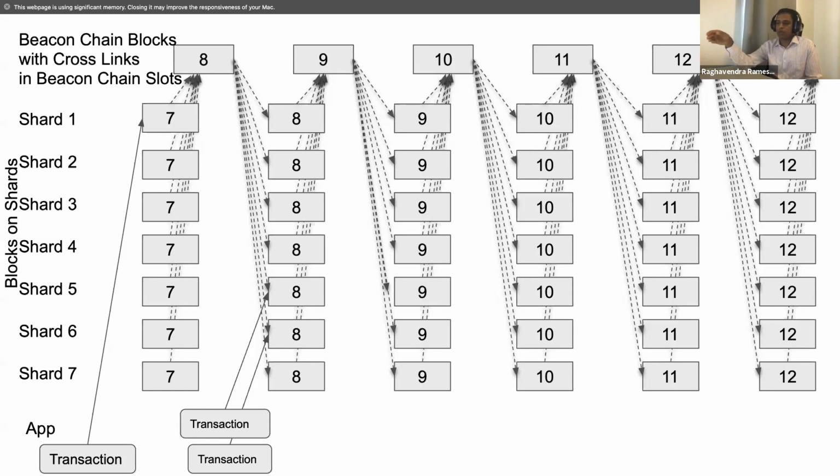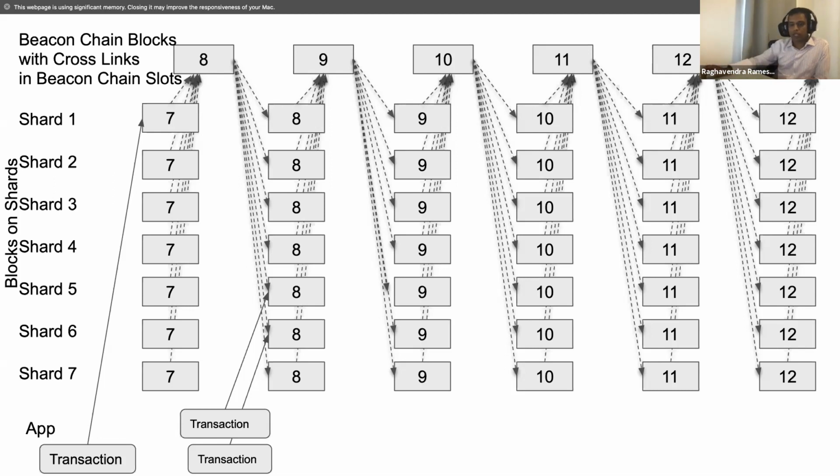The way for the application to communicate that is to give the data to shards 5 and 6 and also produce a Merkle proof of the post state after shard 1 block 7. And the block proposers on shards 5 and 6 can use that Merkle proof and the data provided by the app, and can check the crosslink for the Merkle root and establish the sanctity of the data.